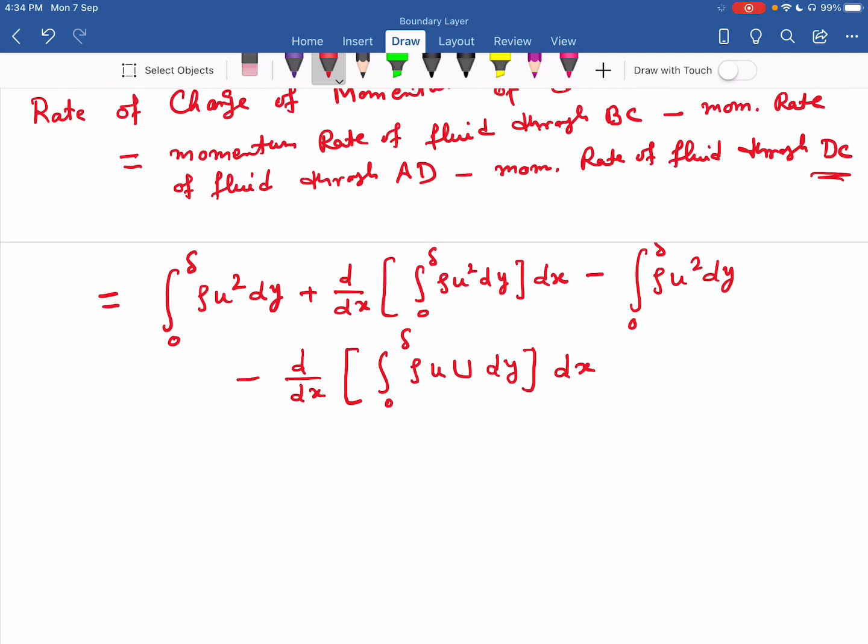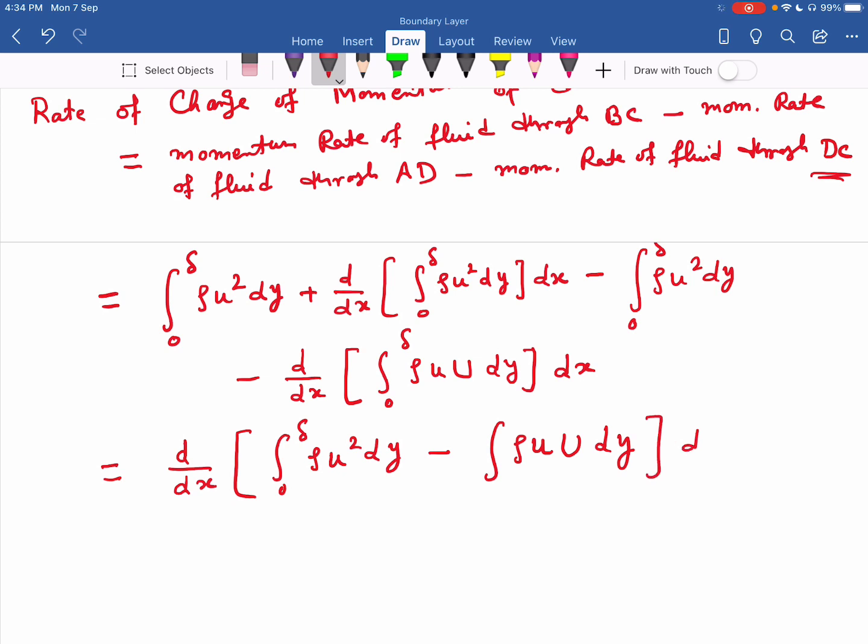Now you cancel the common terms. After cancelling out the terms, this comes out to be d/dx of ∫ from 0 to δ of ρu² dy minus ρuU dy into dx.